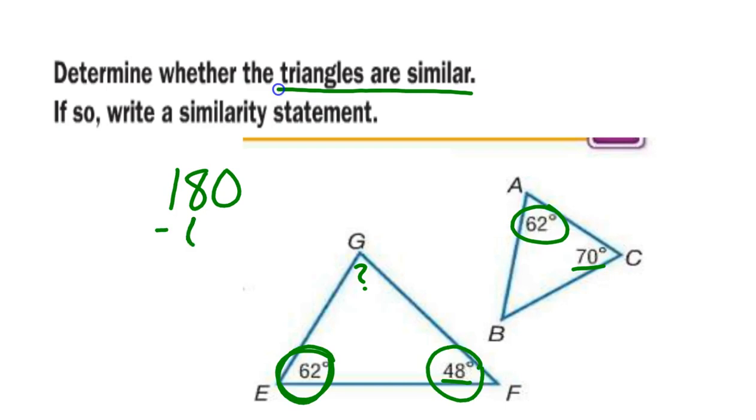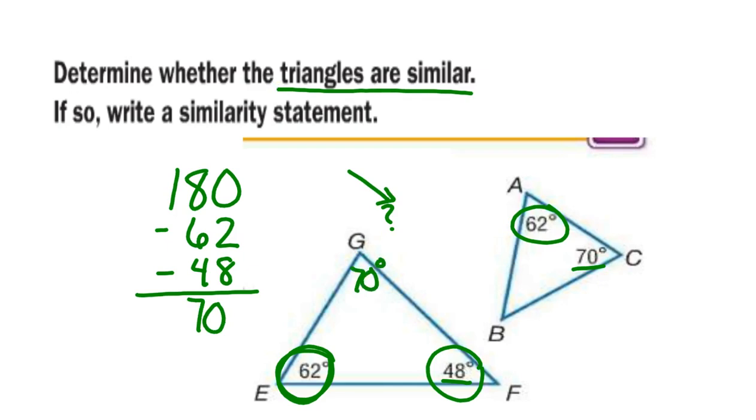So we are going to minus 62 and we're going to minus 48 from 180 degrees to find that missing angle right there. So let's go ahead and do that. Get out your calculators and let's calculate by subtracting 62 from 180 and 48 as well. We come up with 70 degrees. So angle G is 70 degrees.